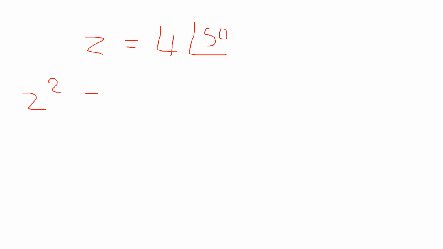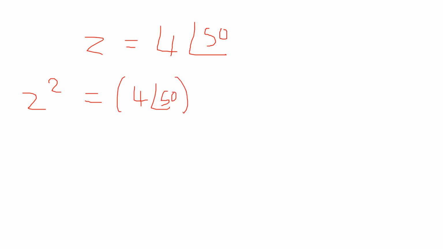Okay, let me make another example. Let's say, for example, we are given a complex number equal to 4 with an angle of 50, and you must find the complex number squared. So remember, for the square, you have to square everything.